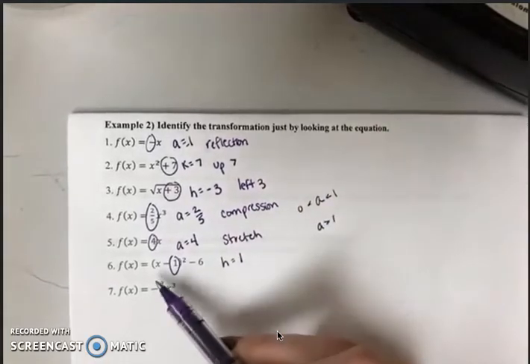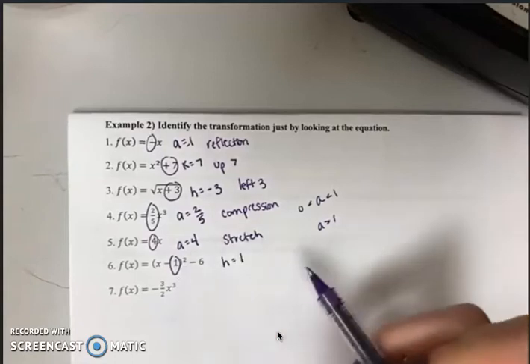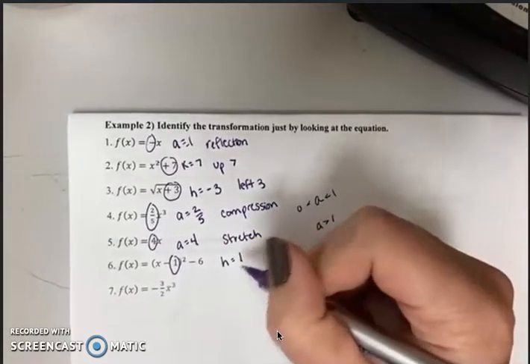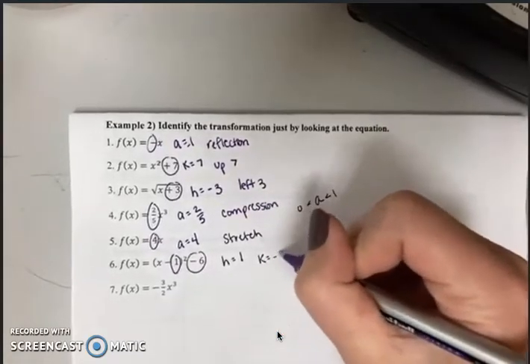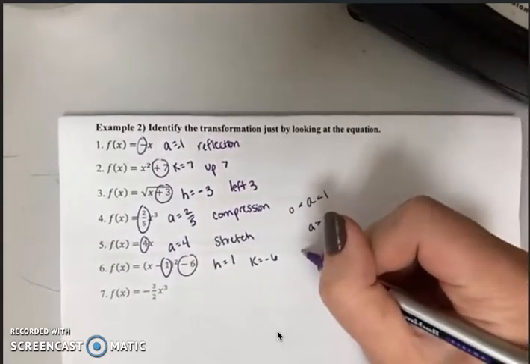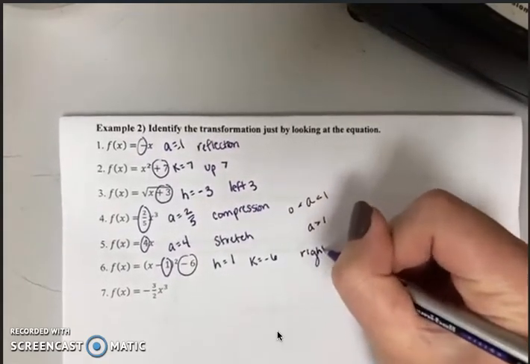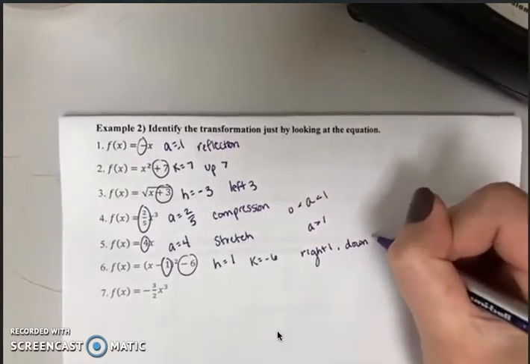Once again, remember, it's X minus H. I'm subtracting a +1. And then I also have a number outside, which means K is -6. H equals 1 means we're moving right 1, and K being -6 means we are moving down 6.